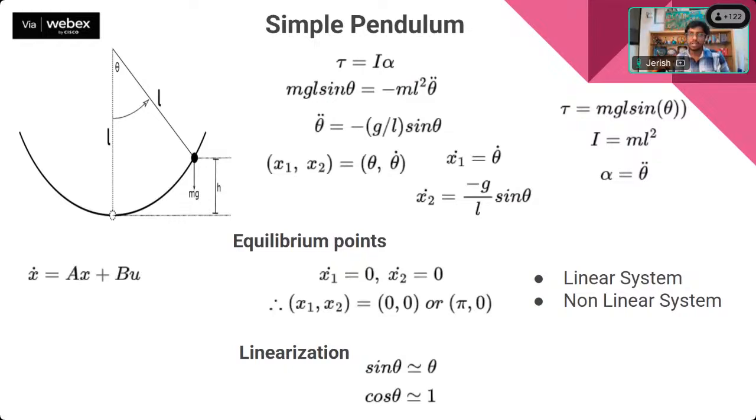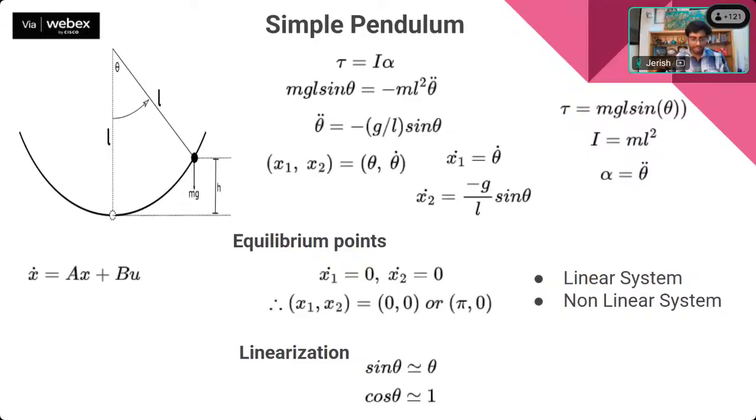And I would like to say that there are actually two equilibrium points. One is a stable equilibrium point and the other is an unstable equilibrium point. The stable equilibrium point is such that if you move an object from it, it will come back to the equilibrium point. In the case of a simple pendulum, if you move it from its 0 0 in any direction, it will try to come back to its 0 0 position.